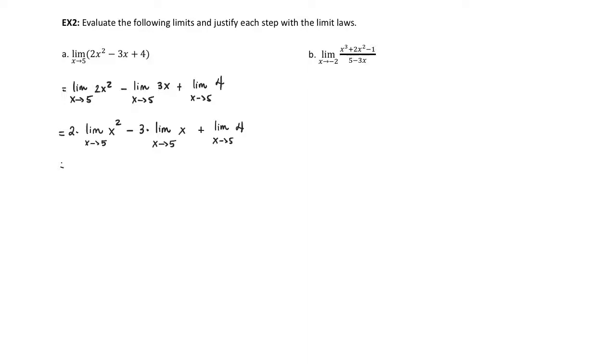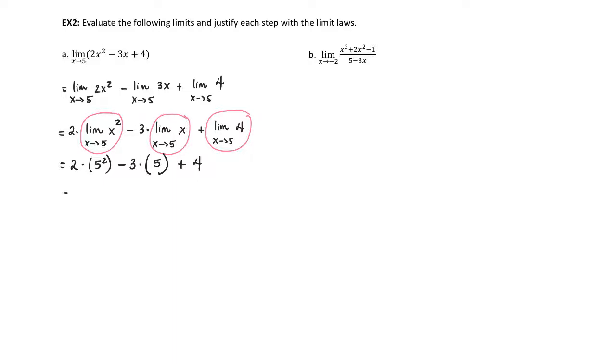And now I can try to evaluate these limits. These limits are already in our toolbox, all of these limits right here. So then I know that the limit as x approaches 5 of x squared will just be equal to 5 squared minus 3 times the limit as x approaches 5 of x, which is going to be equal to 5, and the limit of a constant is always equal to the constant itself.